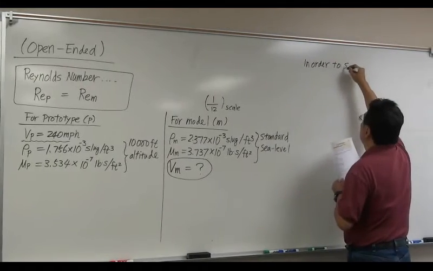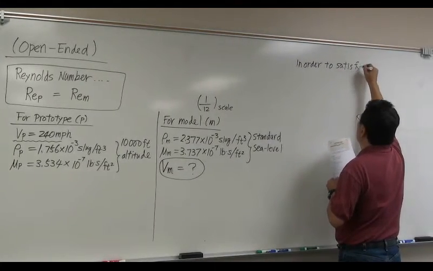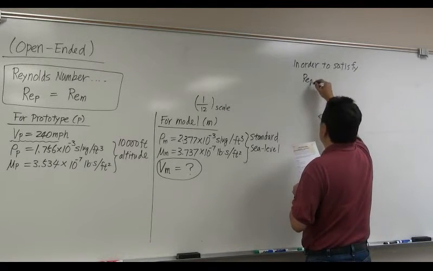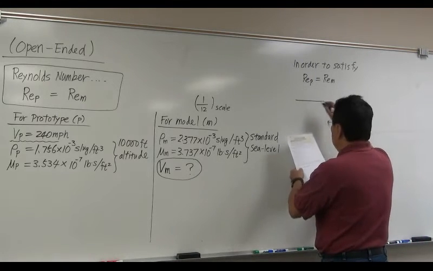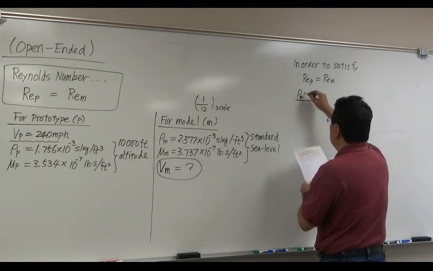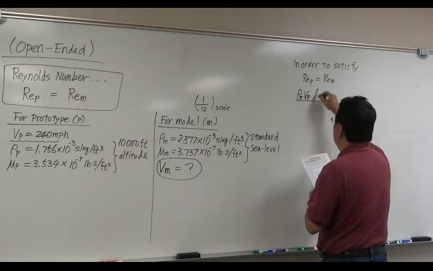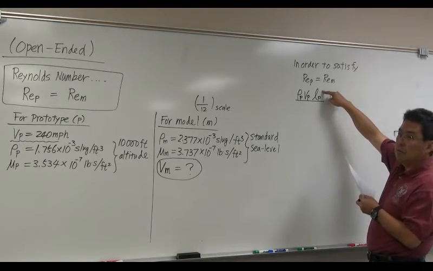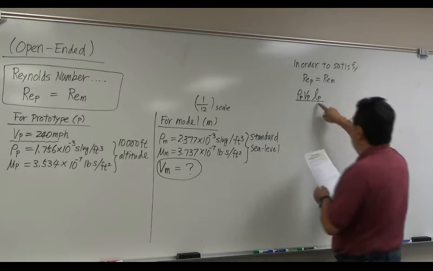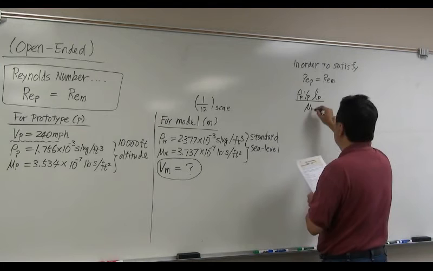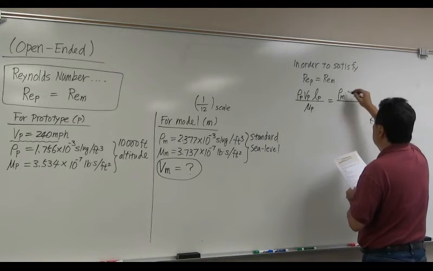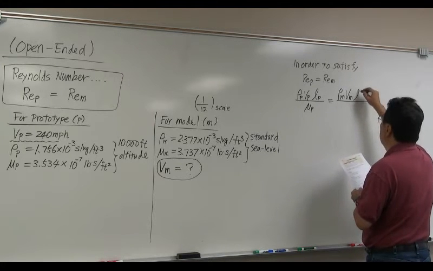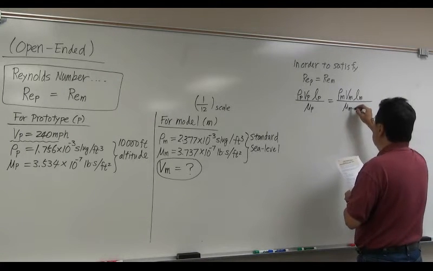In order to satisfy Reynolds number of prototype equal to Reynolds number of the model, it really means that the density of prototype times velocity of prototype multiplied by length scale, this is characteristic length of prototype, divided by viscosity of prototype must be exactly equal to density of the model test condition, velocity of the model wind tunnel, this is again length scale of the model, divided by viscosity of the model.